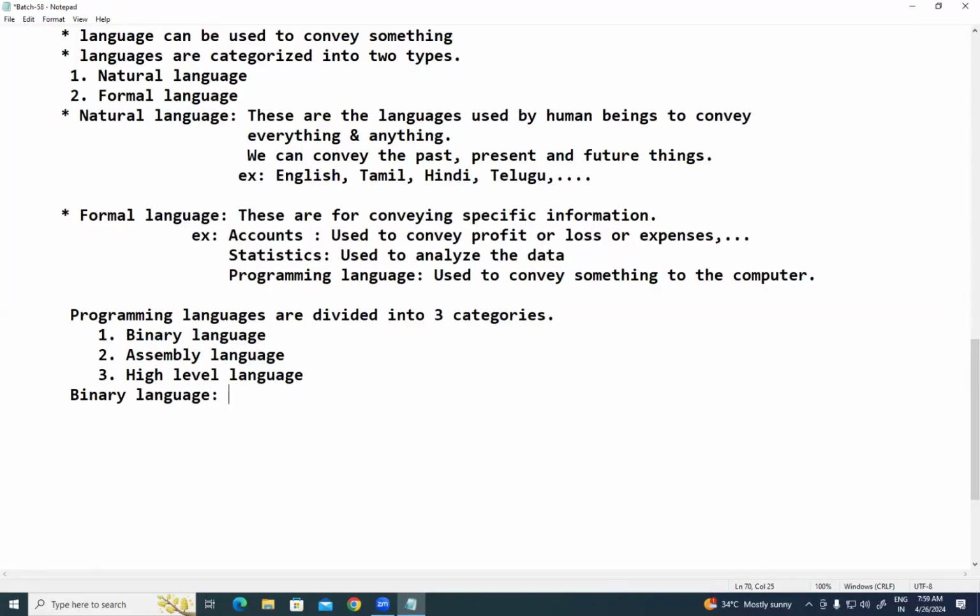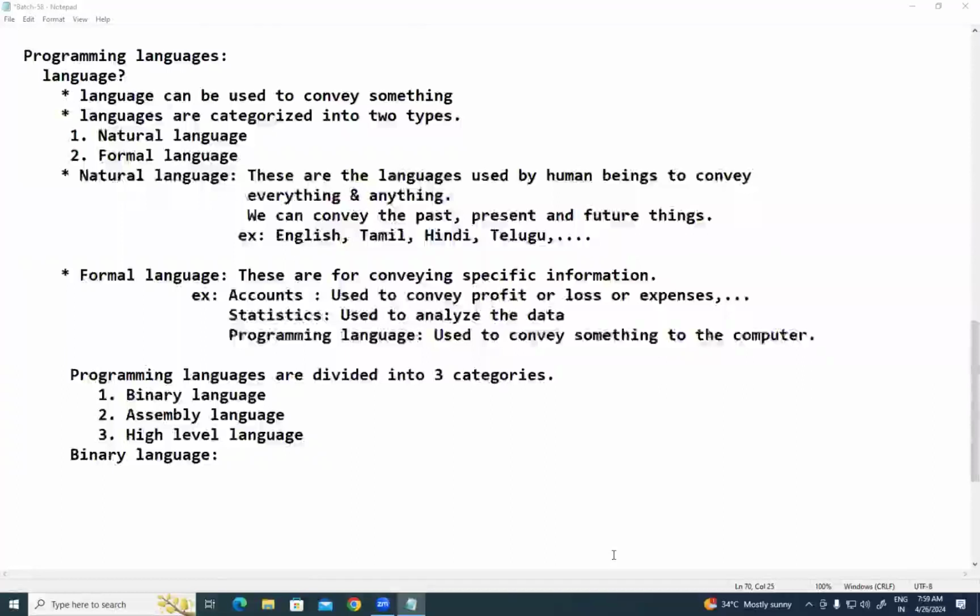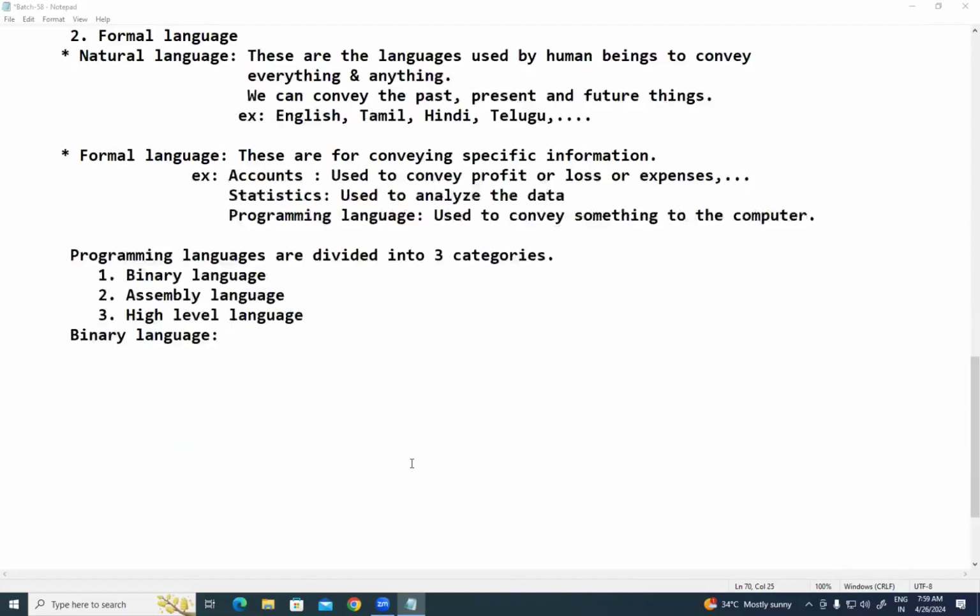First of all, folks, I would like to ask you, if you take English, how many alphabets do we have in English? 26. Any other answer?